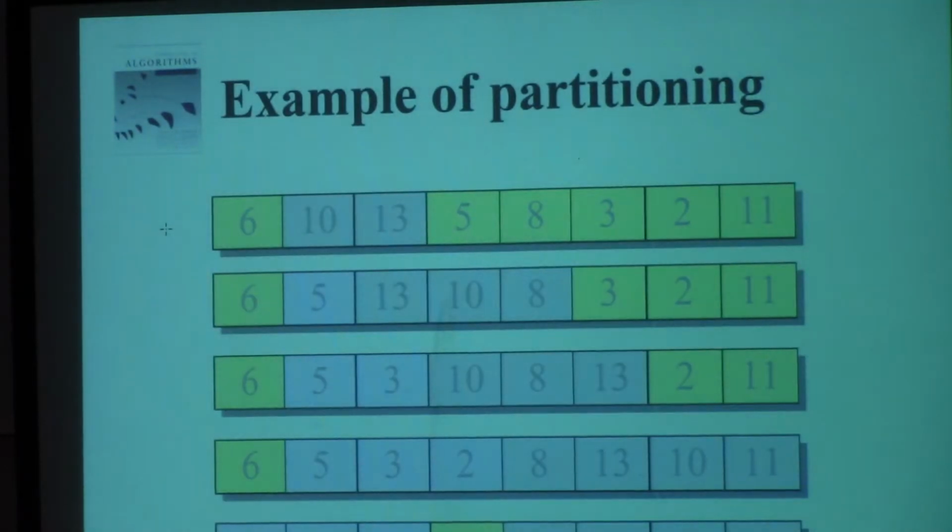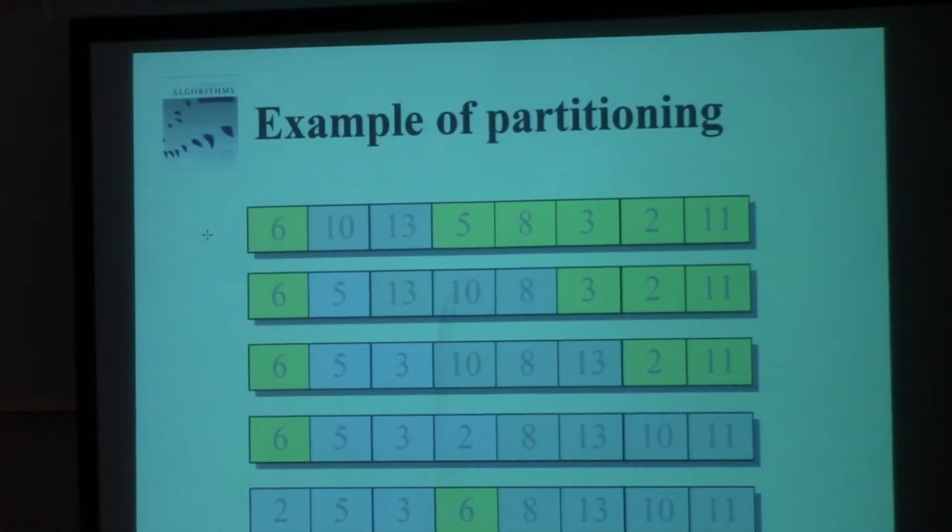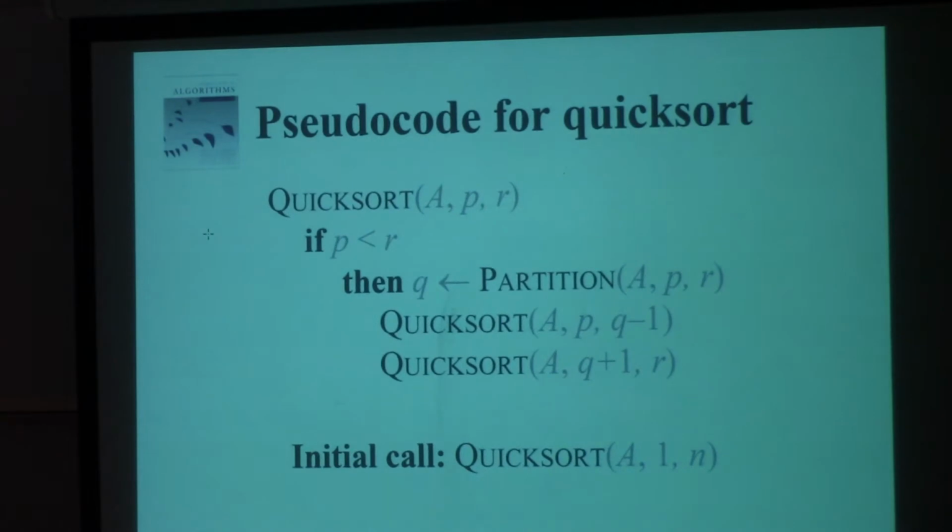Q is the index where the pivot is. So Q is exactly where the pivot went to. So we know everything to the left of the pivot is correct. Leave it alone. Quicksort left of the pivot and right of the pivot. So here's the pivot. Go left of the pivot with quicksort, and then go right of the pivot. That's it.